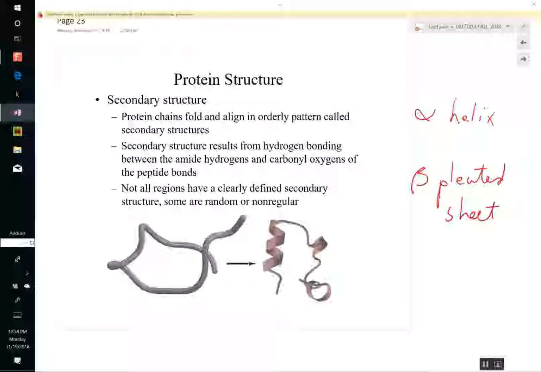What's involved here is the peptide bonds, hydrogen bonding from the NH in the peptide bond to a carbon-oxygen double bond in another peptide bond further along on the protein backbone. All right, so we haven't said anything about R groups yet, but this is secondary structure.